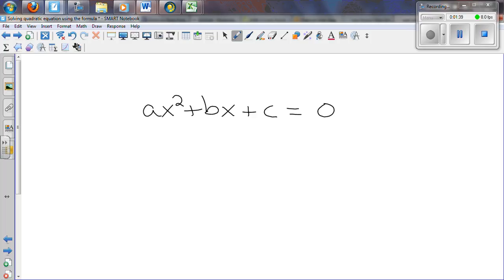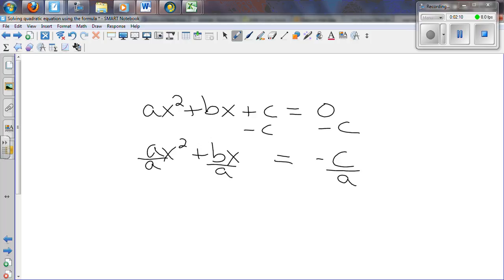The first thing is that I want all the x's alone on one side, so I'm going to get rid of the c by subtracting c from both sides. So ax squared plus bx equals negative c. Then I don't want ax squared, because what I'm eventually going to do is complete the square, so I want to get rid of that a. I'm going to divide a off of everything.